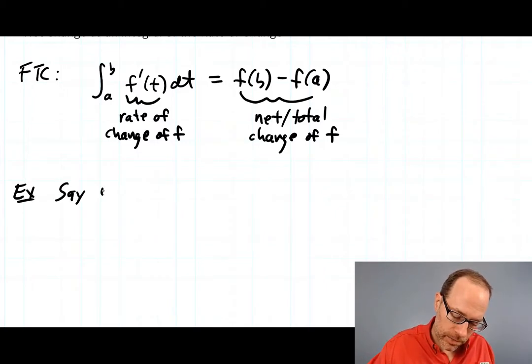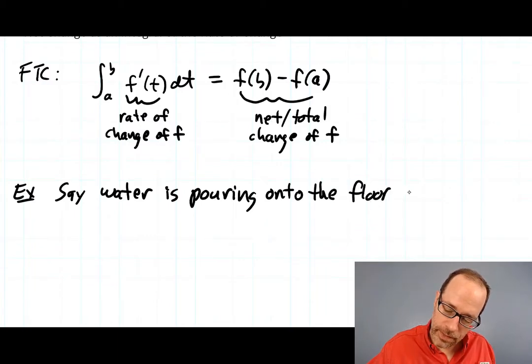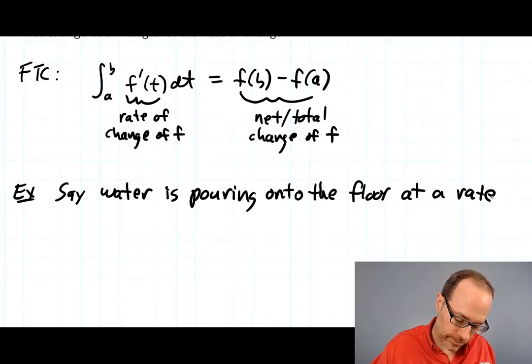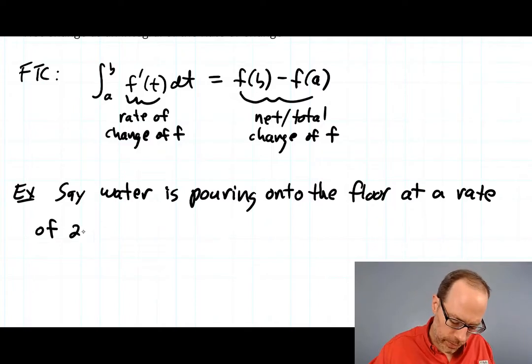Say water is pouring onto the floor at a rate of 2 plus 5t liters per hour.